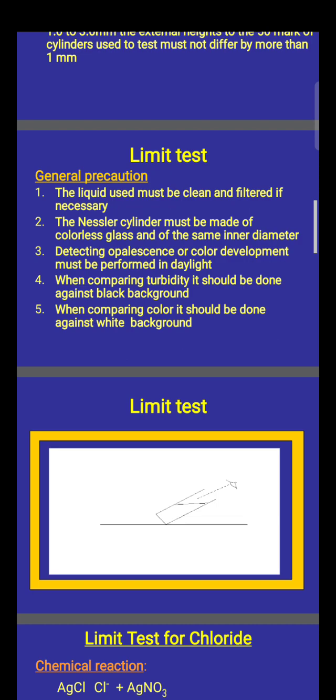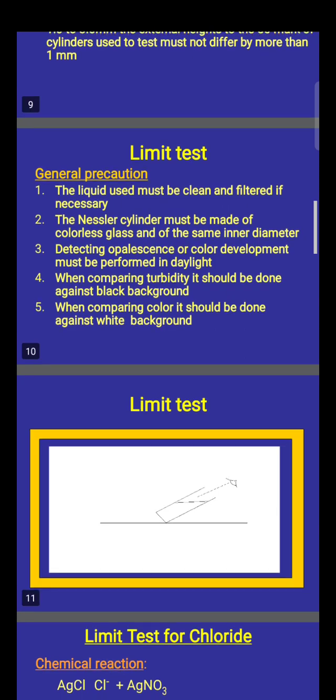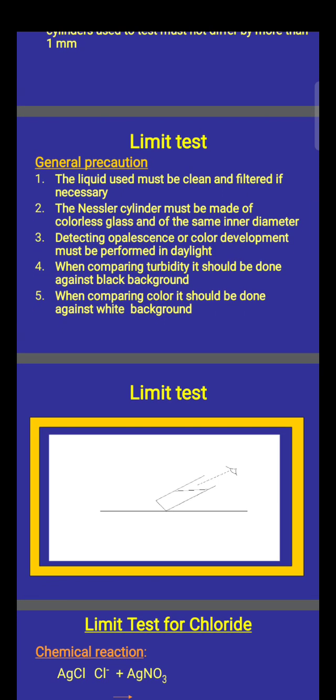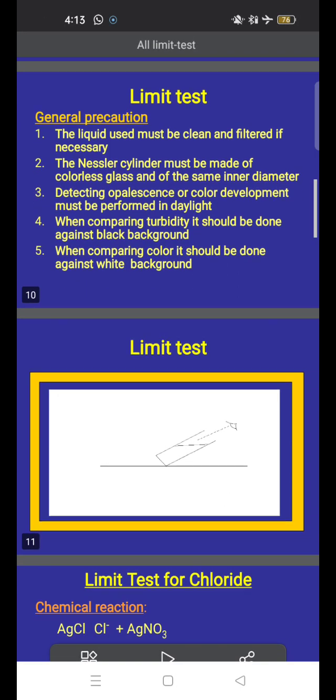Detecting opalescence or color development must be performed in daylight. When comparing turbidity, it should be done against a black background, and when comparing color, against a white background.